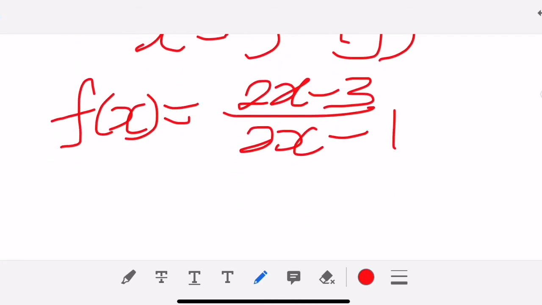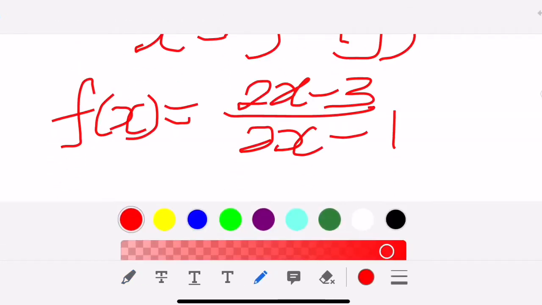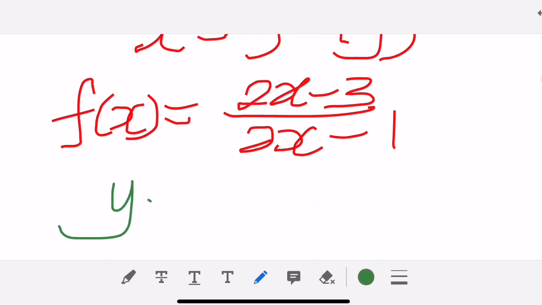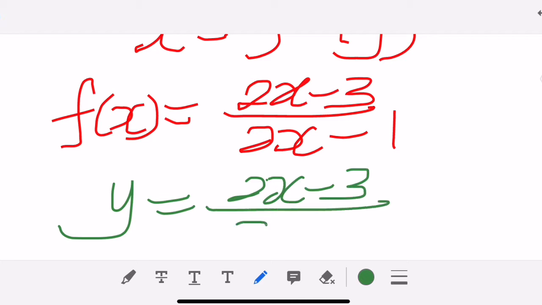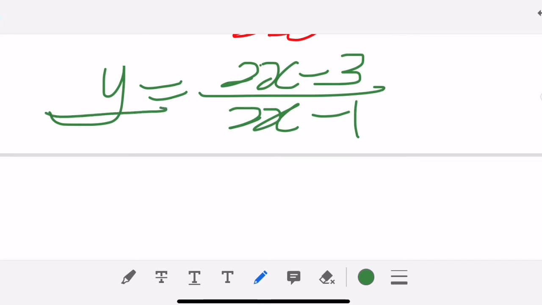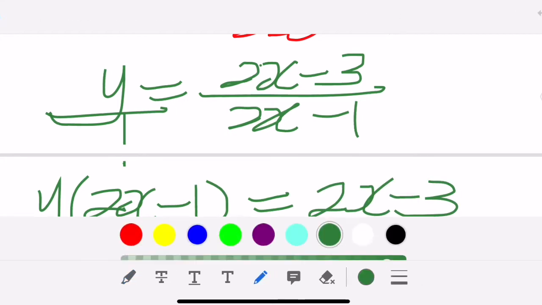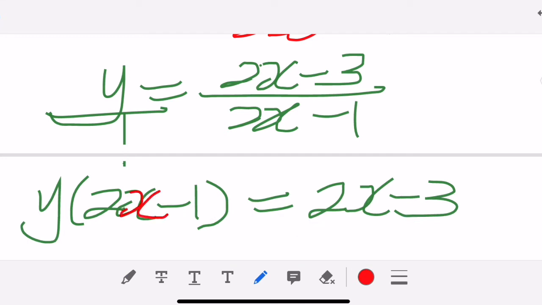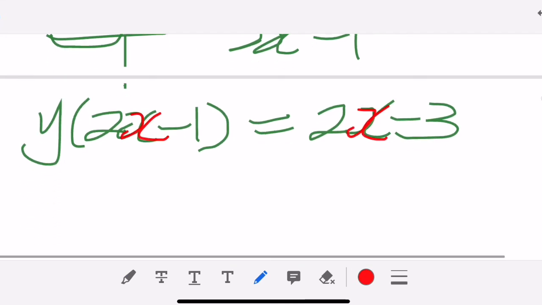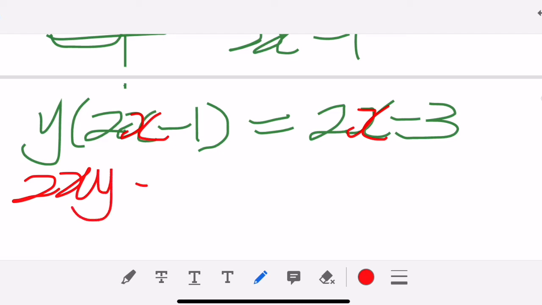So let f(x) equal to y, which is 2x minus 3 over 2x minus 1. In order to find the x, we have to cross multiply. So that means y times (2x minus 1) is equal to 2x minus 3. Now, our intention is to find the x, right? So we have to expand: 2xy minus y equal to 2x minus 3.